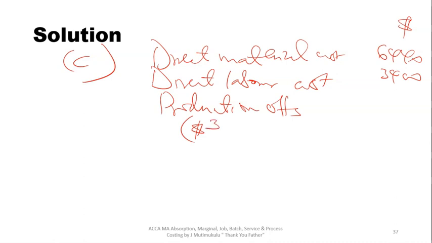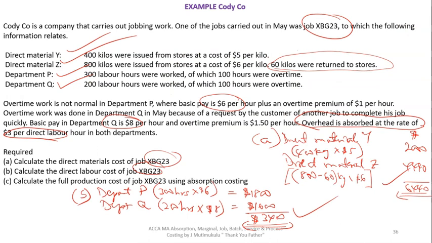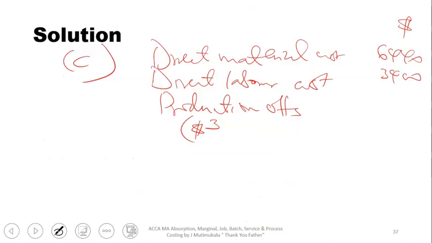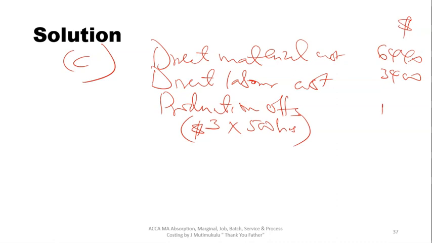So we need to establish how many hours we are talking about. Labor hours, how many hours? There were 300 and 200 labor hours, so that's 500 in total. So if we multiply 500 hours by $3, we get 1,500. We then add up these figures, we should get our 11,340.